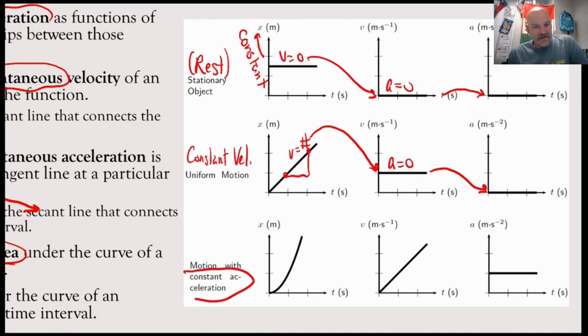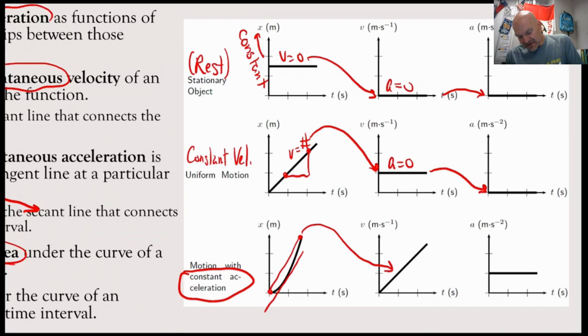Now you jump down to the next slide, right? Constant acceleration. That's what really separates Physics 1 from Physics C. So even though our position versus time graph is a parabola, the acceleration is constant. And so here we would find an instantaneous velocity, right? Or if I connect 2 points, I would find an average velocity.